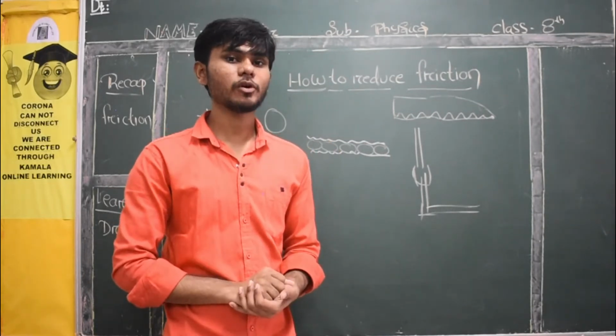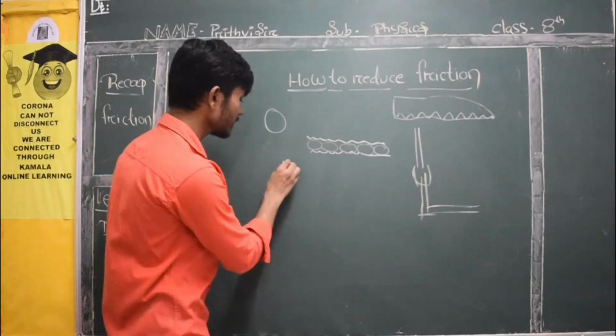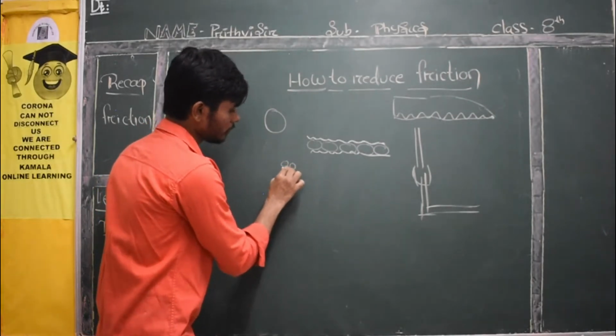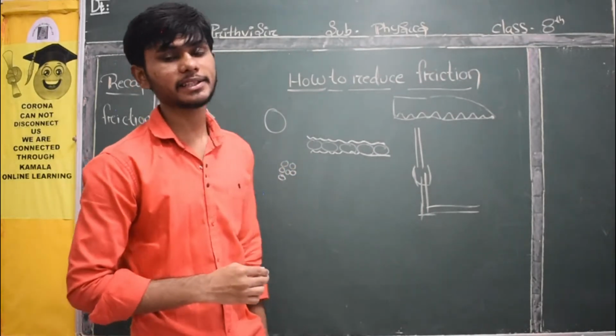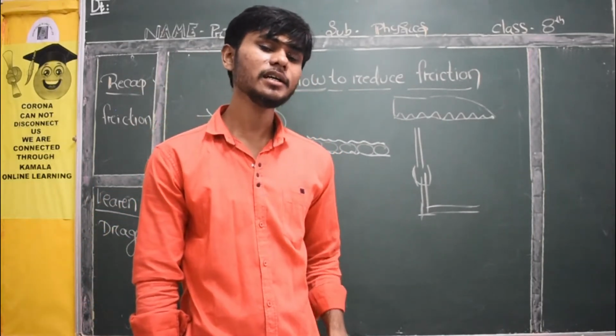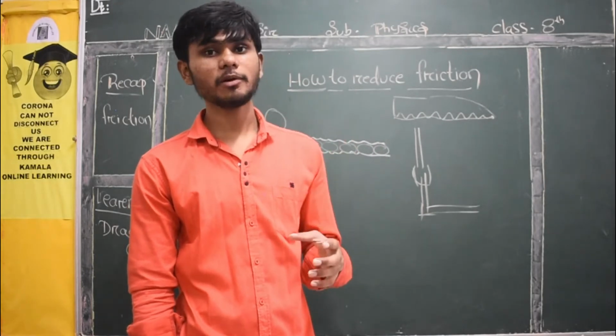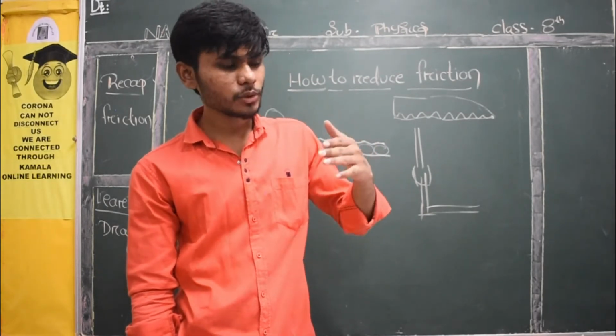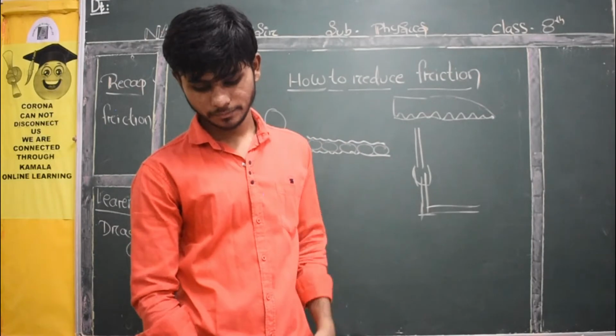You know ball bearings. Small ball bearings are there in the bicycle parts. Why are they placed there? They are placed there to reduce a considerable amount of friction so that it runs smoothly.